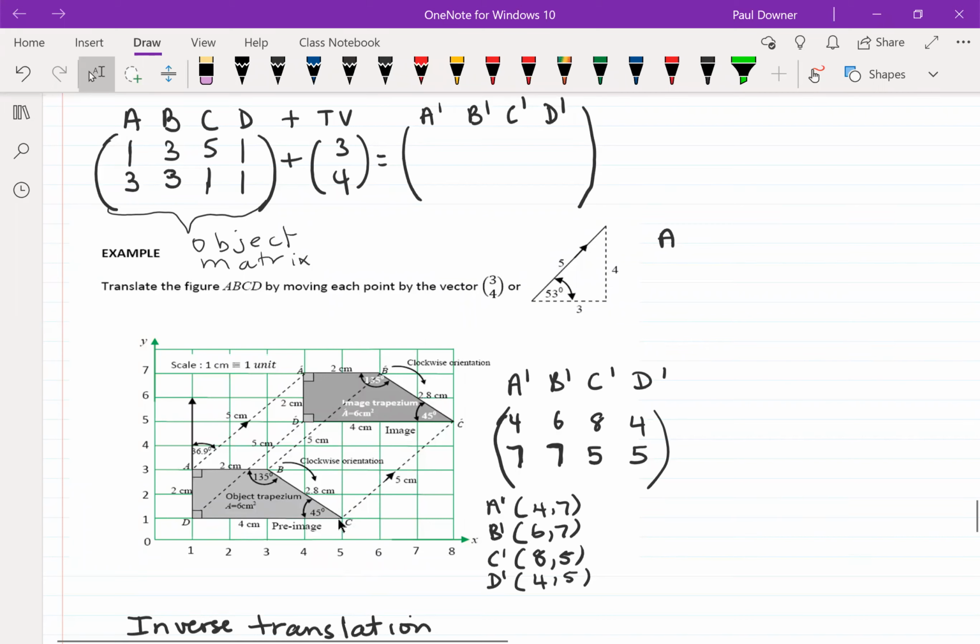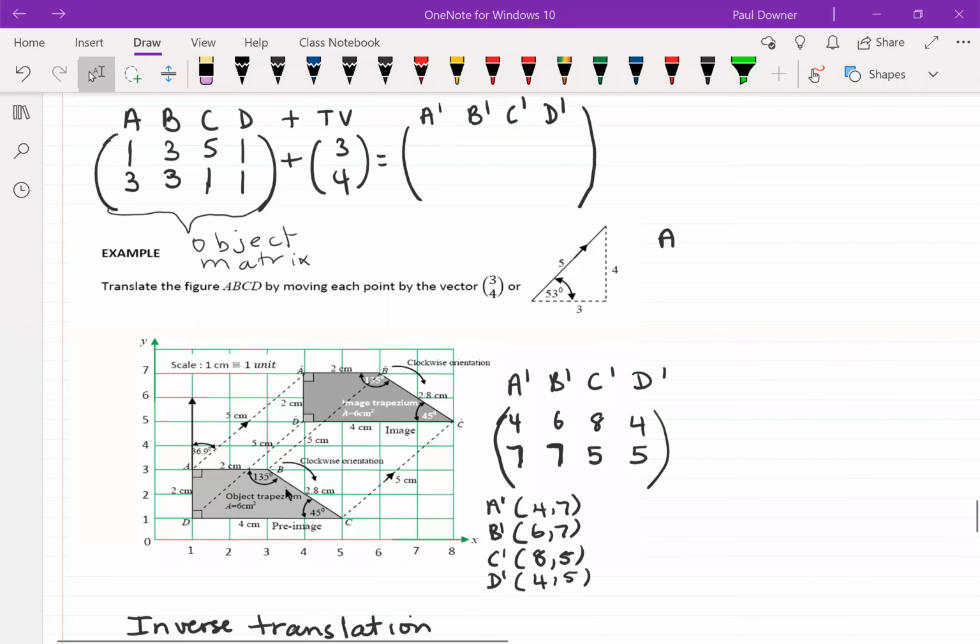So for example, I could move C to its image point C prime by moving (3, 4). That means move 3 in the x, 1, 2, 3, followed by 4 in the y, 1, 2, 3, 4. So that is equivalent to moving along this vector here, by moving 3 in the x followed by 4 in the y. That moves you from your object to your image.